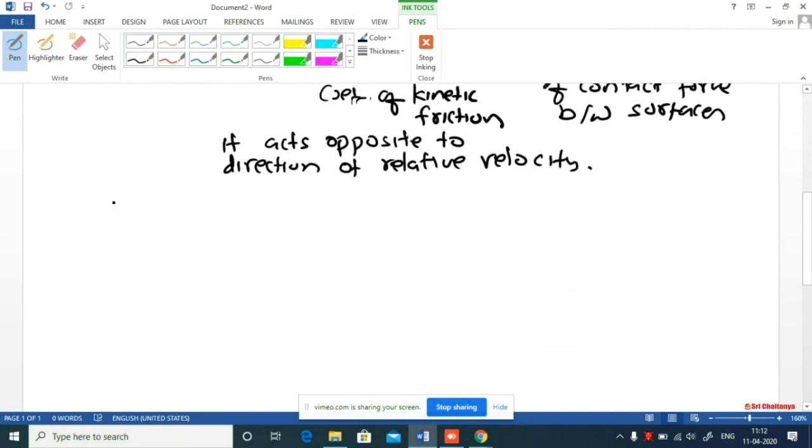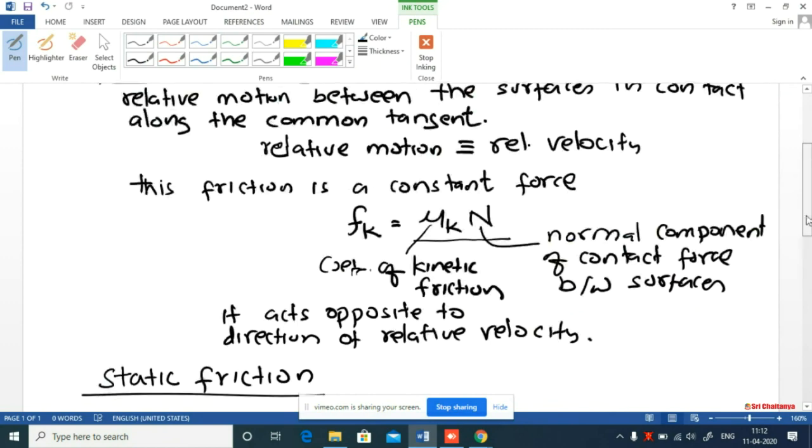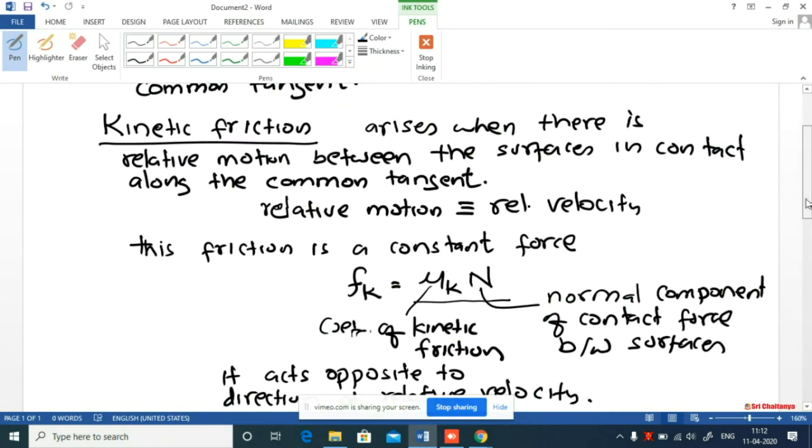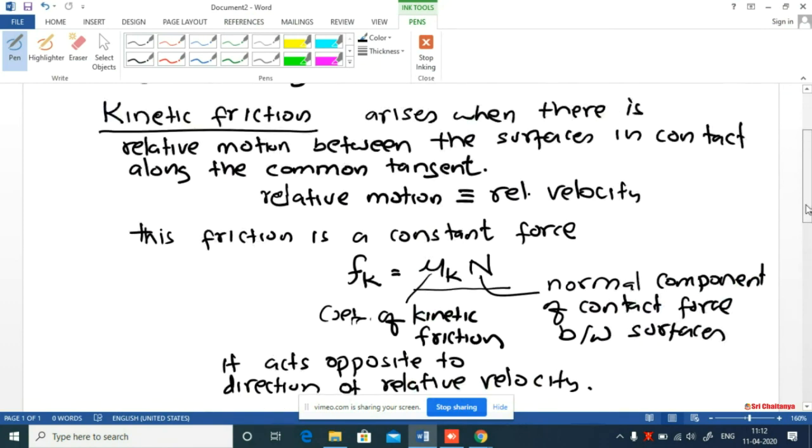Now if we move to static friction, we will obviously develop these points further using examples, but first let us just define static friction. Like you saw, kinetic friction arises when there is relative motion, right?